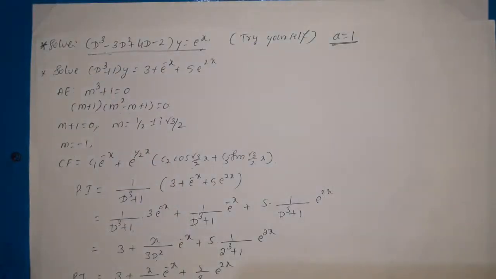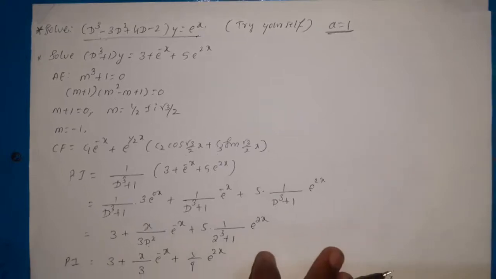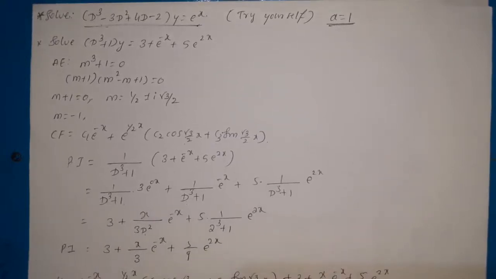Therefore, regarding those 3 roots, write the complementary function and then go for the particular integral. And while solving the particular integral, be careful: if the denominator is 0, then do not substitute directly. First you have to differentiate the denominator, then substitute the value.